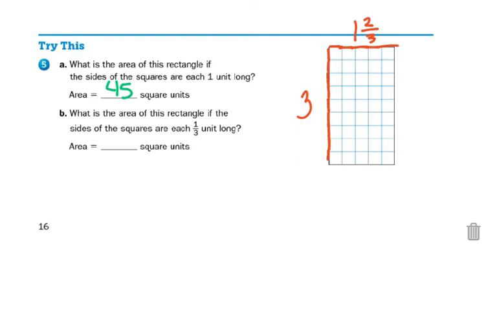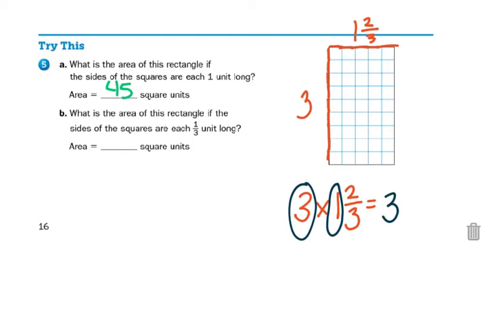Now I'm going to take length times width. 3 times 1 2/3. Remember, whatever I write, you are writing as well. I would multiply the two whole numbers. 3 times 1 equals 3. Now I will multiply the whole number times the fraction. Remember, thirds will not change. It will stay thirds.